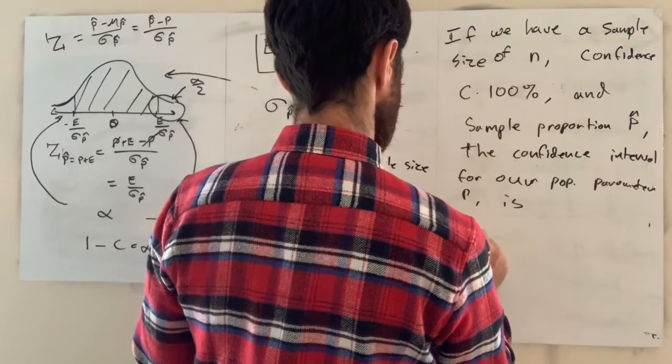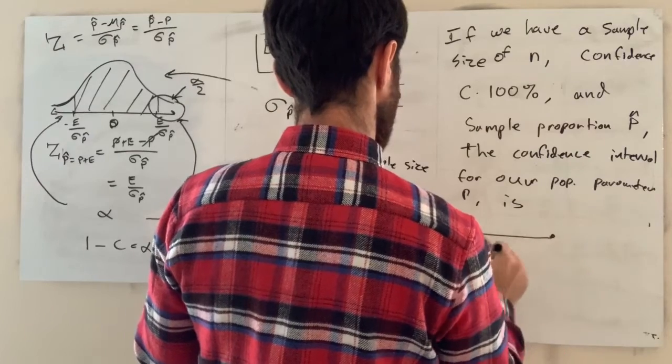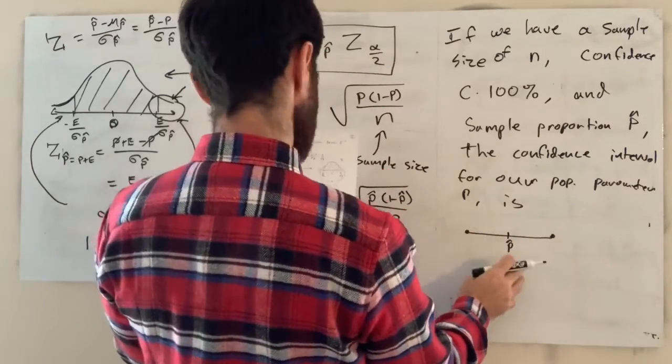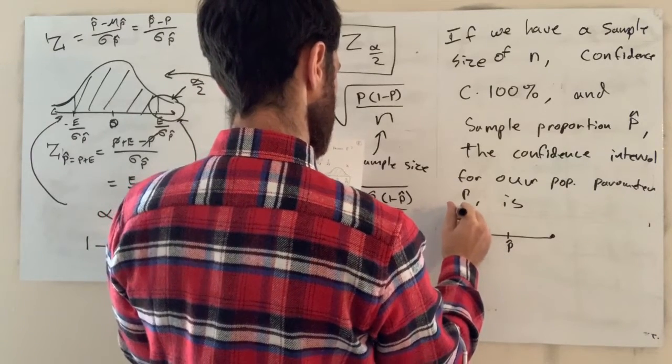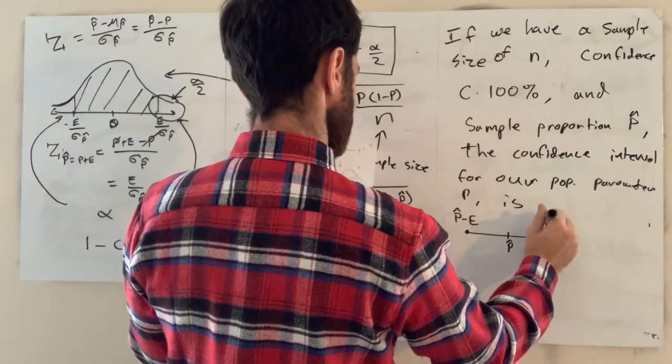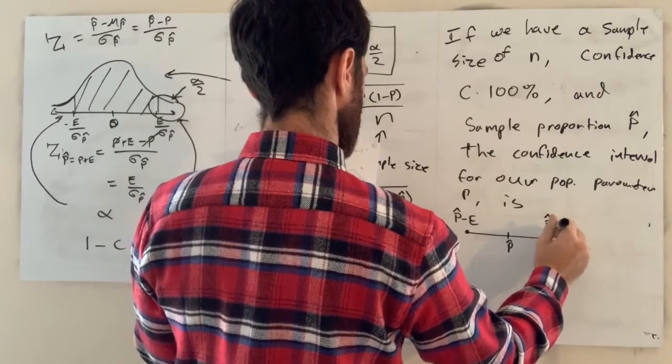It's just going to be the interval from p hat in the center, and then you're going to get p hat minus the error term, p hat plus the error term.